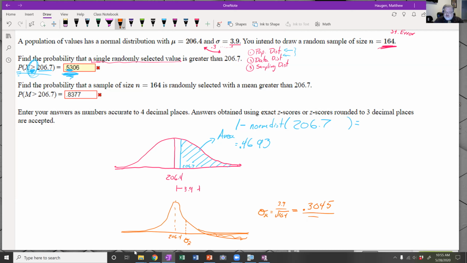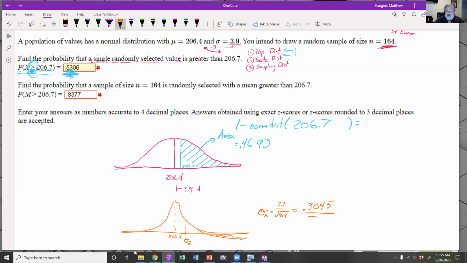So very small by comparison, less than 1/10 of the value. Our data was really tightly distributed, but our sampling distribution is even more tightly distributed.